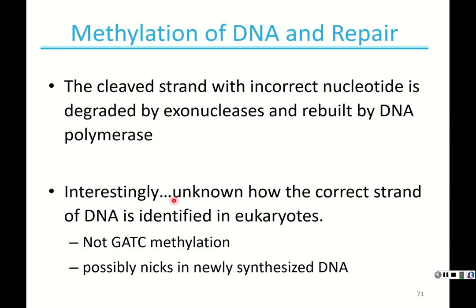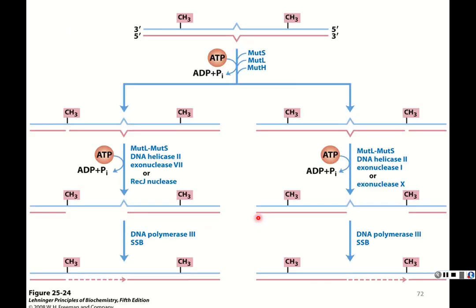At least at the time these slides were made, it's unknown how the correct strand of DNA is identified in eukaryotes, because you don't have the GATC methylation sites in eukaryotes. Those are only in bacteria. So it's really sort of unclear how eukaryotes go through this process of mismatch repair.